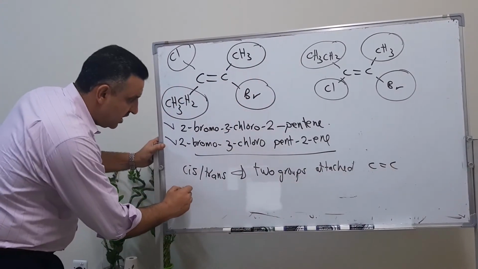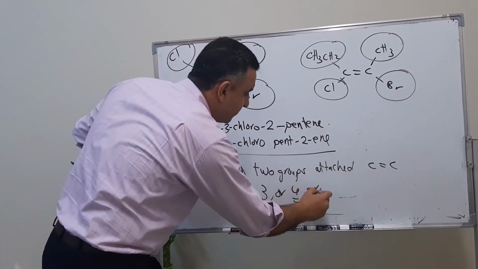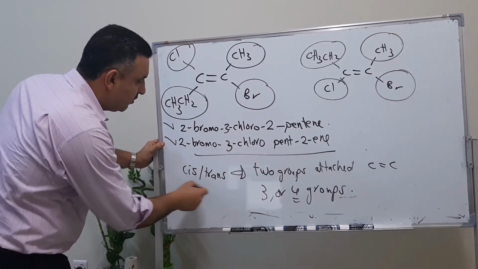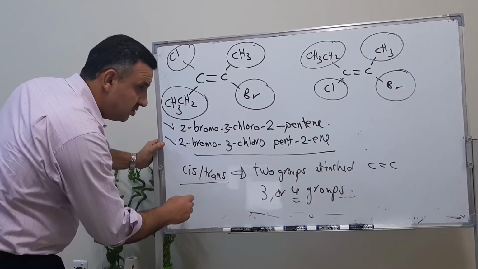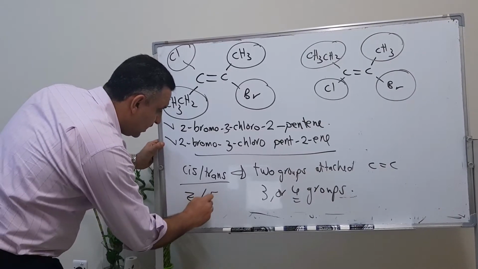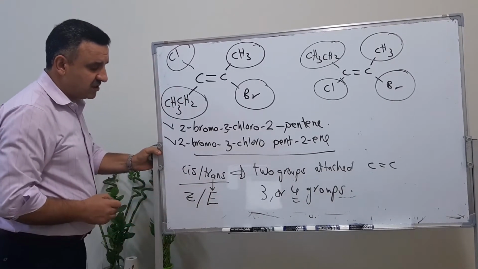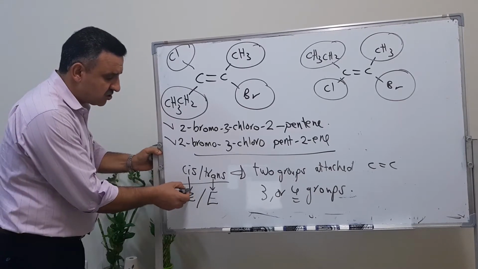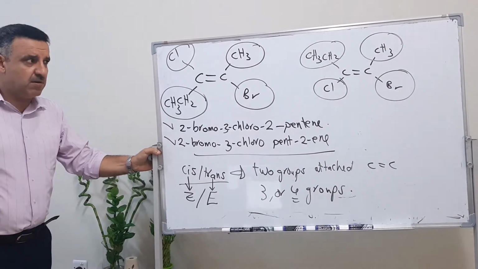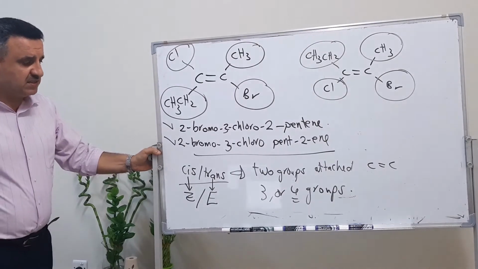But when we have 3 or 4 groups attached to the carbon double bond carbon system, then we don't use cis-trans, we use instead the Z or E system, where E corresponds to the trans and the Z corresponds to the cis, as we will see. Do you follow me? We will now see what the system is and how we can use the E and Z system in this case.